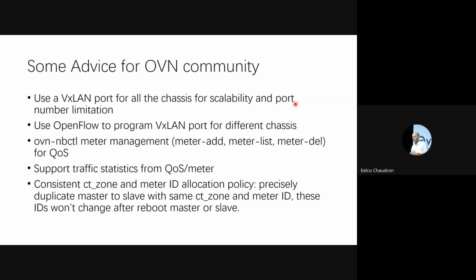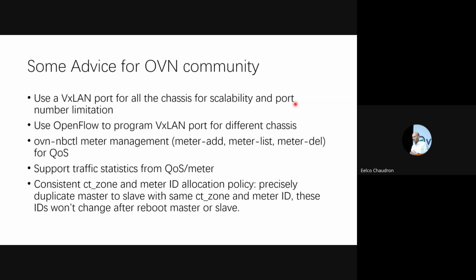Then use OpenFlow to program this VXLAN port for different chassis. OVN has meter management commands, but unfortunately, they are not for QoS. It will be great if OVN can manage meters for QoS and support traffic statistics for QoS.